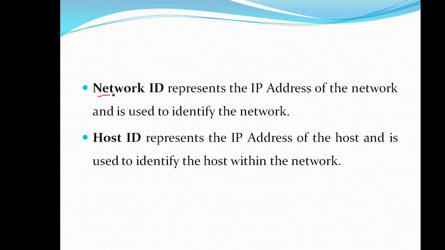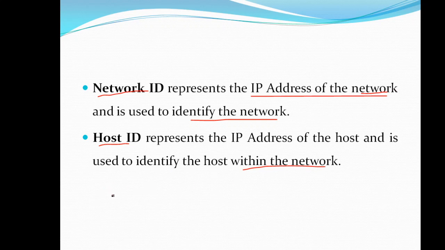The network ID part generally represents the network address, and it is used to identify the network on the internet. Coming to the host ID, it represents the IP address of the host, and it is used to identify the host within the network.